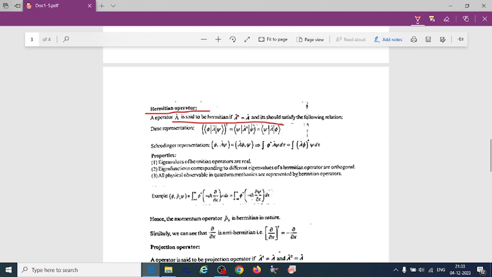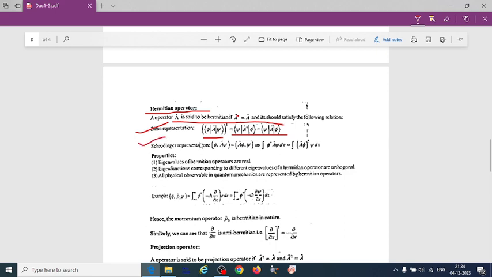Okay, a cap dagger is equal to a cap, and it should satisfy the following relation. Direct representation, we can represent like this: expectation value of A operating here, phi and psi. So this is direct notation of Hermitian operator.